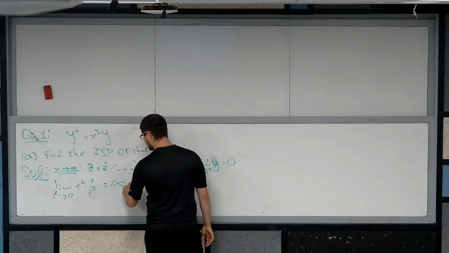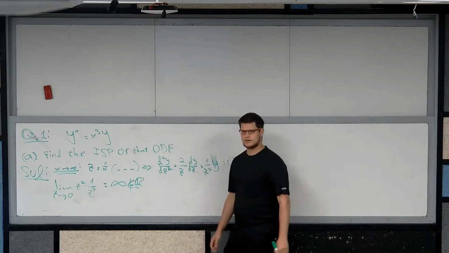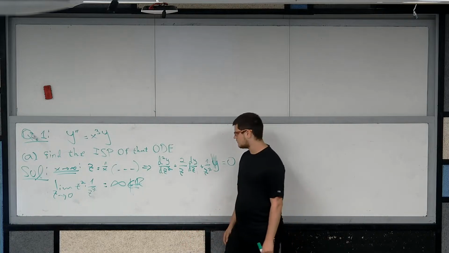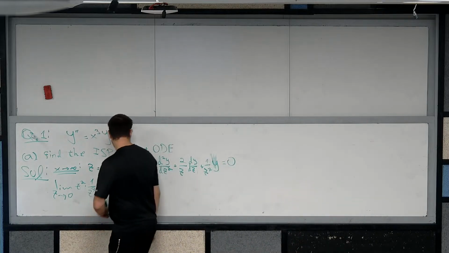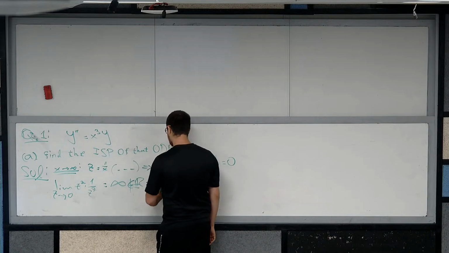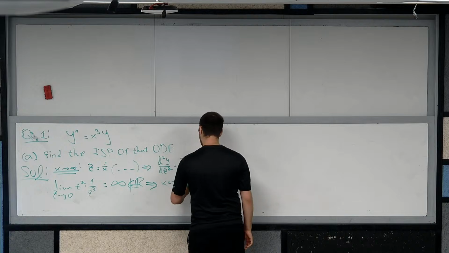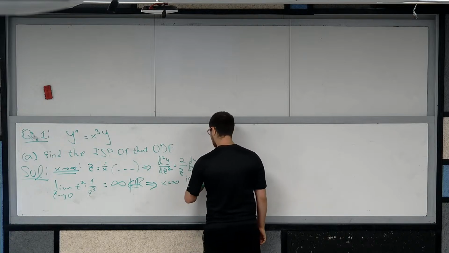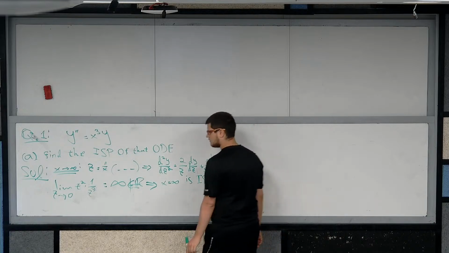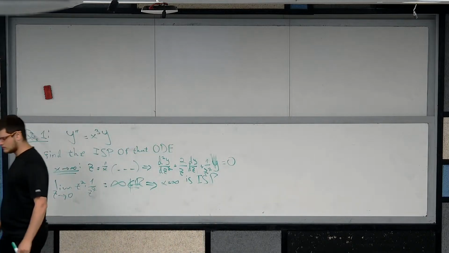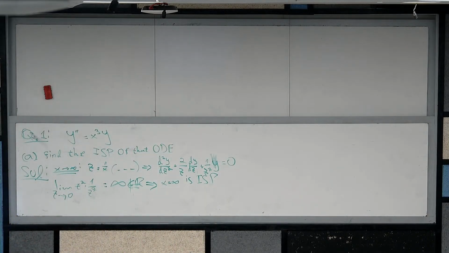Infinity is not a finite number. From that, x equals infinity is an irregular singular point.